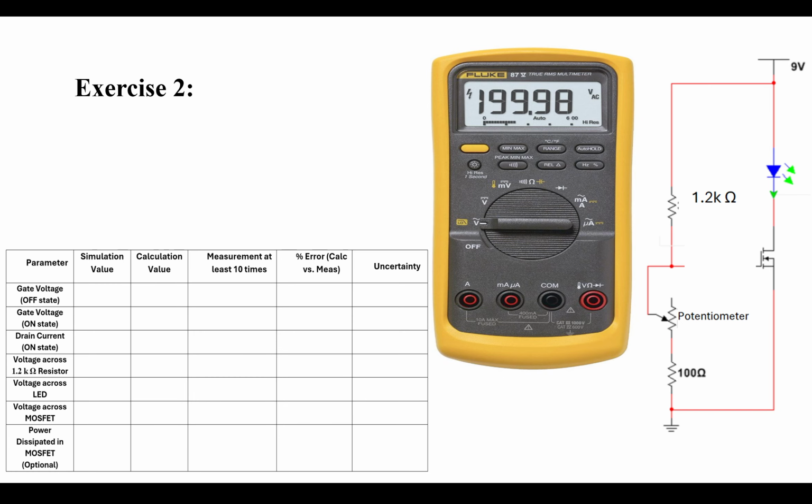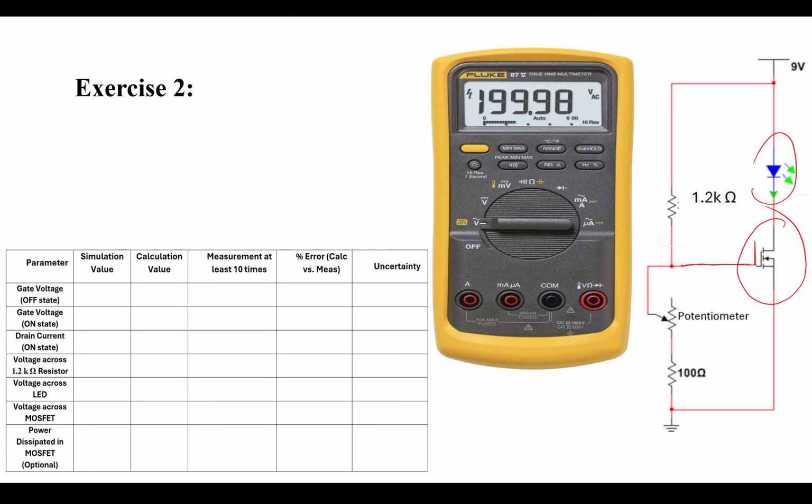Now, for the next part, for exercise 2, we want to see in a more tangible way how the MOSFET works as a switch. Okay, so we are going to put the LED in series with that MOSFET and connect the gate of our MOSFET to the point of voltage division between a constant resistor and a variable resistor or potentiometer.